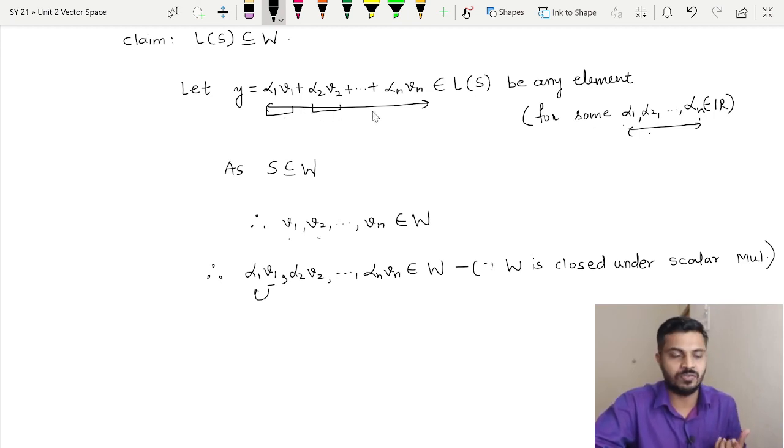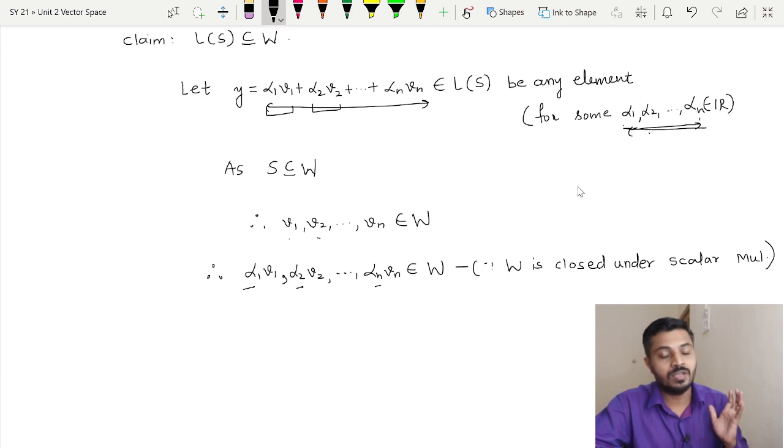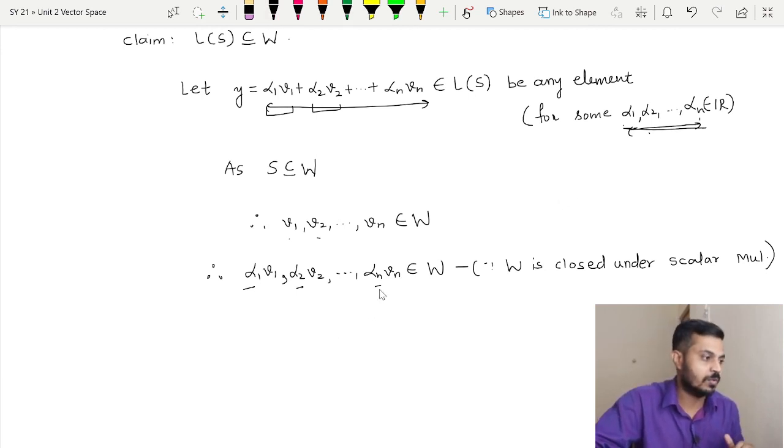Similarly, alpha 2 V2 and so on. Whatever real numbers I have chosen here, they are from here only, because we have to show that this Y belongs to W.